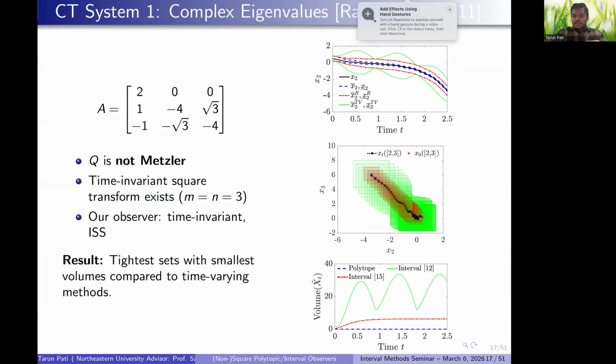As you can see, in both cases, our approach with polytopic as well as interval estimates do frame our true states, and it is guaranteed that if we start inside this estimate, we're always guaranteed to frame the state for all future time.